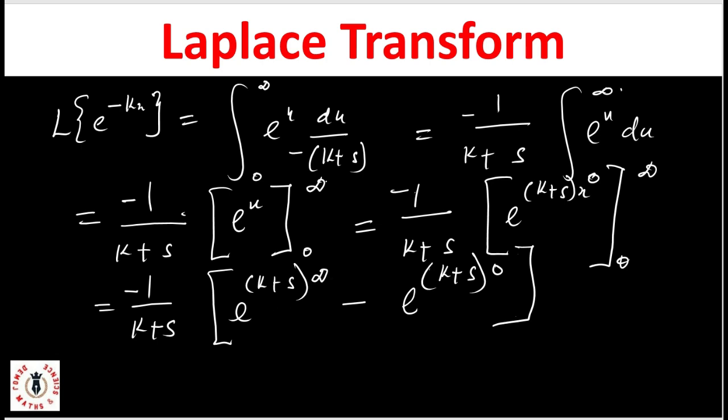When you look at this, you see that e raised to power minus infinity is actually the same thing as 0. And 0 times (k plus s) becomes 0, and e raised to power 0 is the same thing as 1.